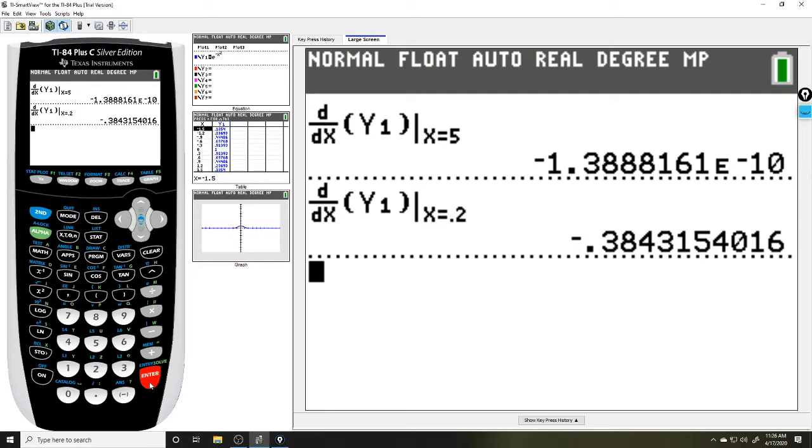And if I want a graph of the derivative, then I can go into, say, y2.